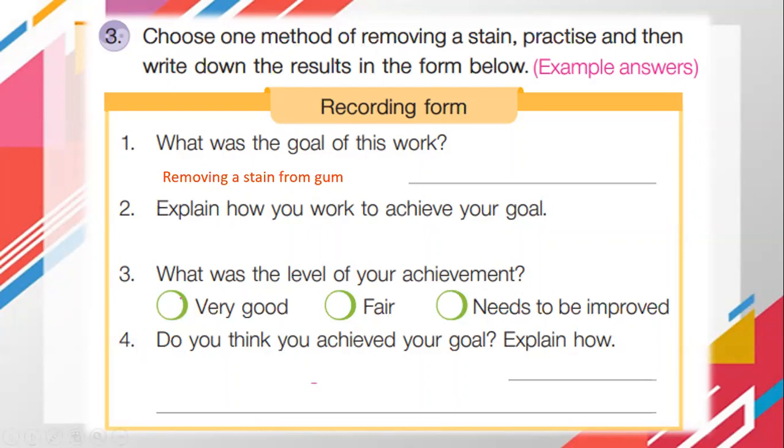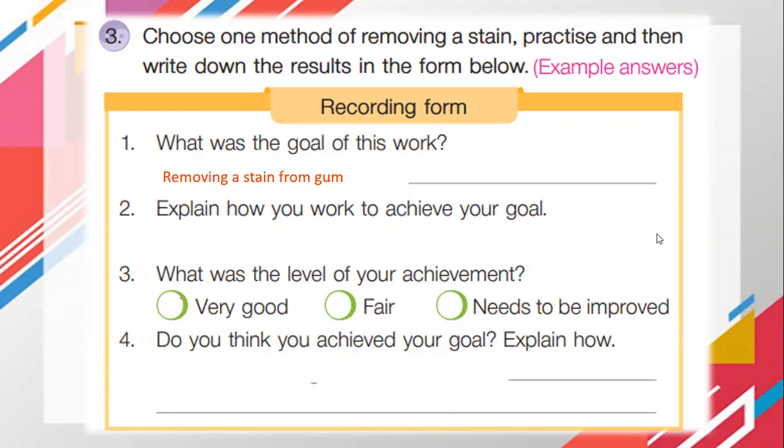Students, anyone can tell me what we're going to do if we are going to remove a gum stain? Wipe the stain with ice in order to make it easy to remove from the cloth. After that, wipe the stain with paraffin. Very good.